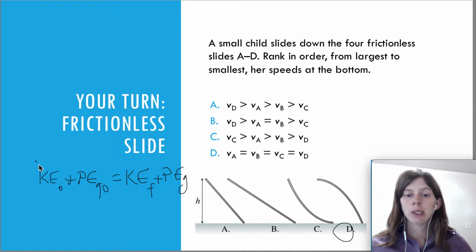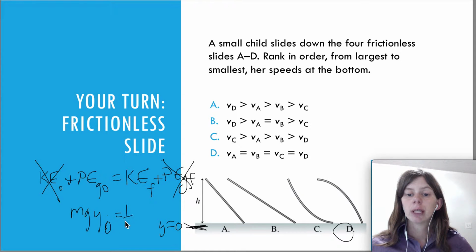That means there's no initial kinetic energy. Let's call that bottom level y equals 0. So whenever she gets to the bottom, she has no potential energy. PEG final is 0. So what this means, conservation of energy, is that all of her initial gravitational potential energy, mgy initial, is converted to kinetic energy.